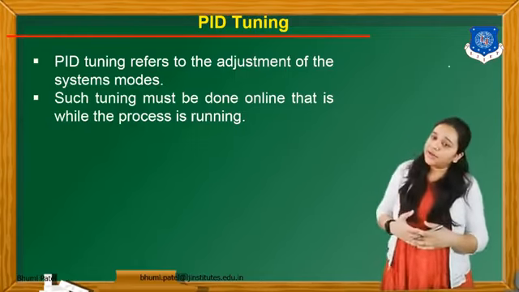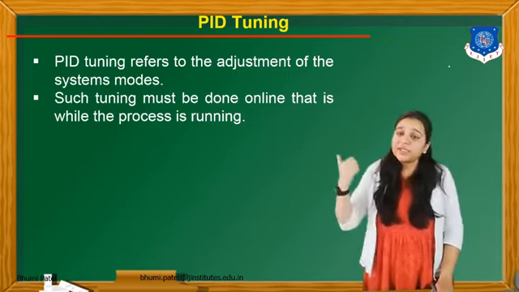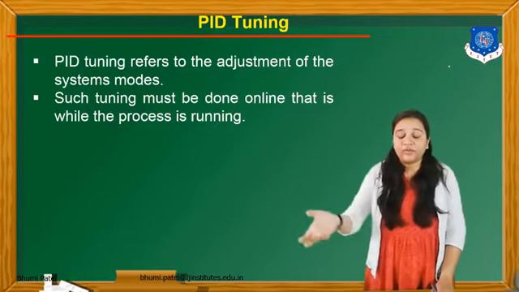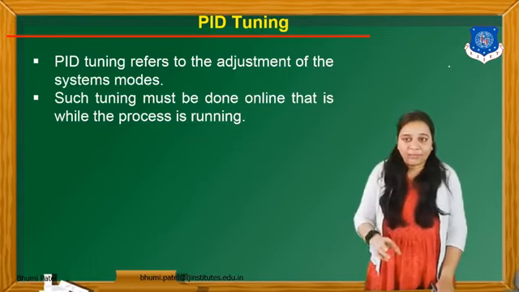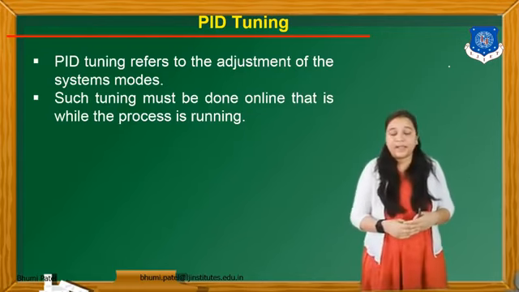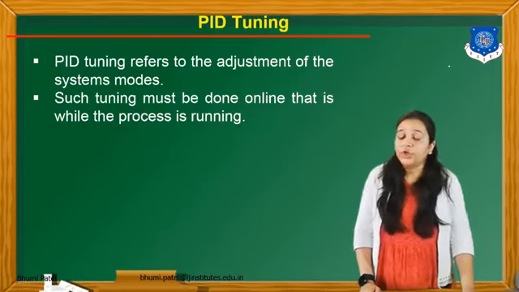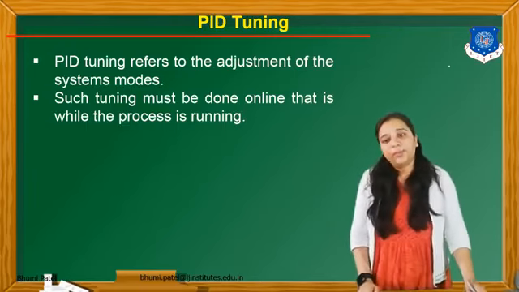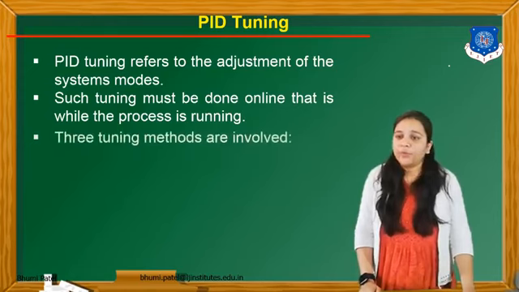If an error is generated during this hardware processing, then using PID tuning, if we adjust the data in the software, the same process will be done with the hardware in online mode, and we can continuously check the process and the data until we get the proper output. So we cannot change the mode during the process. Using this PID tuning, we can easily check the output data.